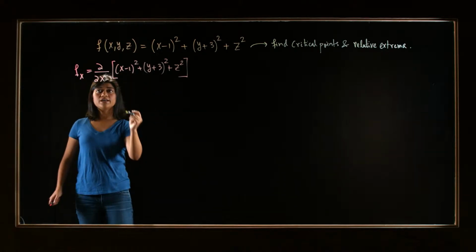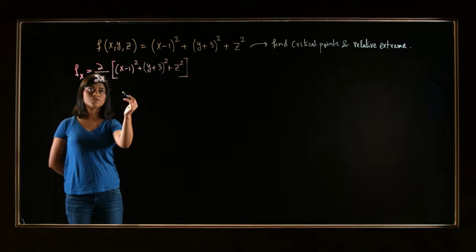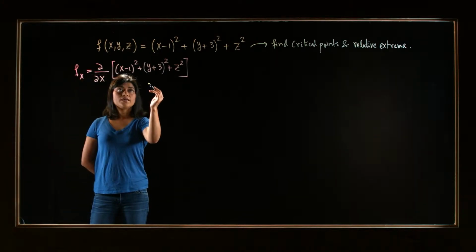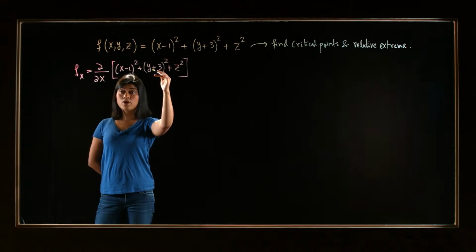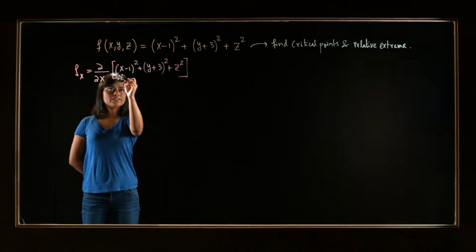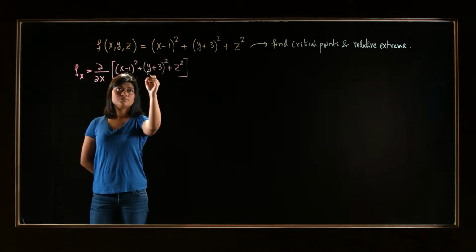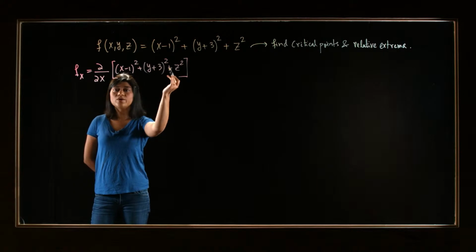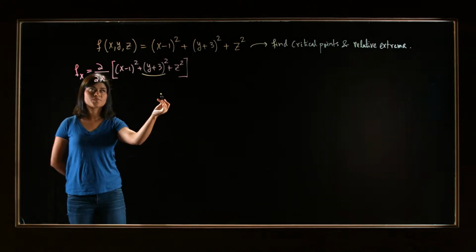Now, notice that since this is a partial derivative with respect to x, any other variable, in this case y and z, are both considered to be constant. So look at the second term. There is (y plus 3) squared. There is no x. So this entire term will be considered a constant.